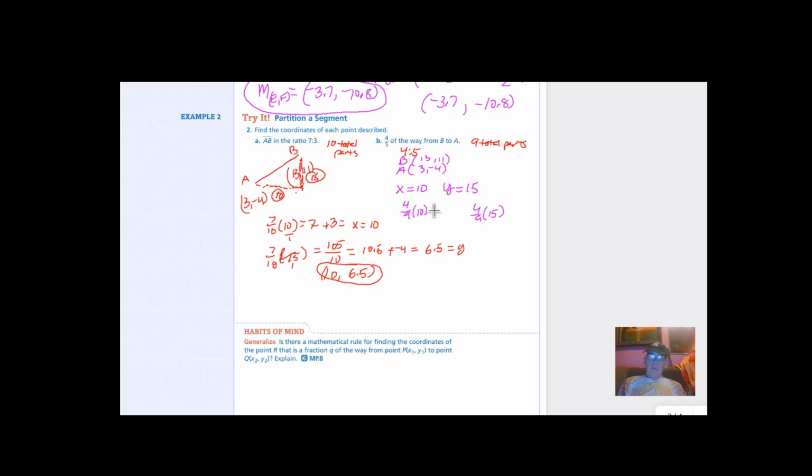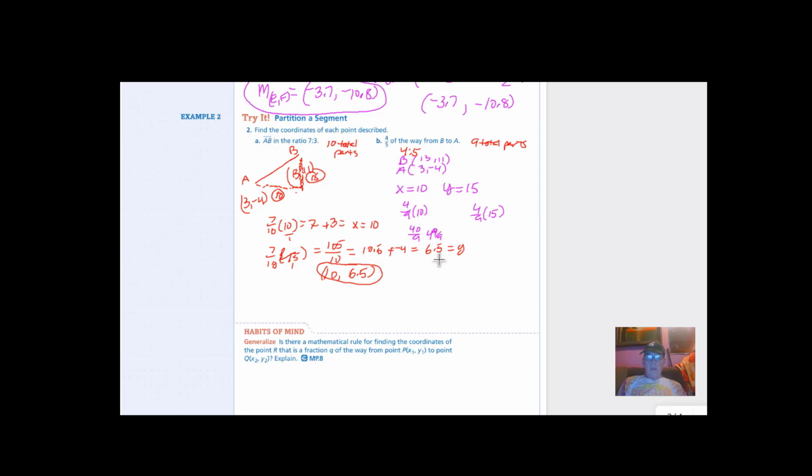Let's see, nothing really cross cancels here. We have 40 over 9. Now 40 over 9, 9 times 4 is 36 with 4 left over. So it's 4 and 4/9.